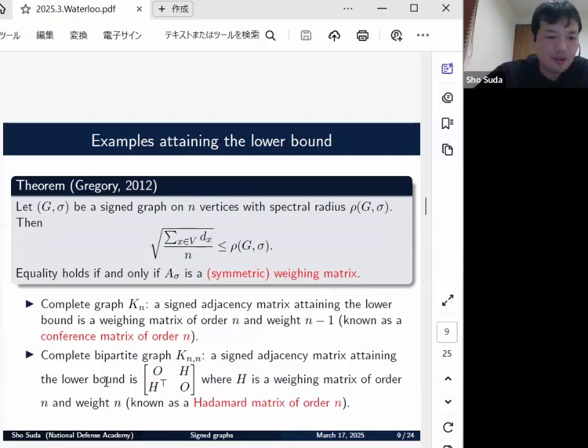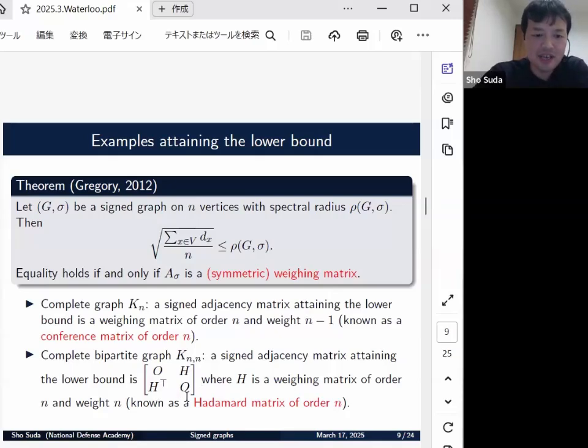And for the complete bipartite graph K_{n,n}, the signed adjacency matrix attaining the lower bound is this type of matrix: a zero matrix, a 1, minus 1 matrix H, its transpose H transpose, and a zero matrix.